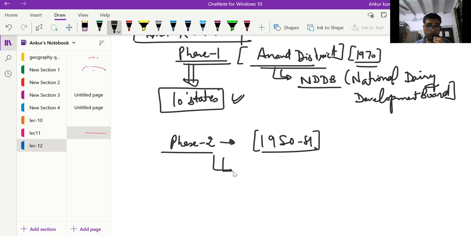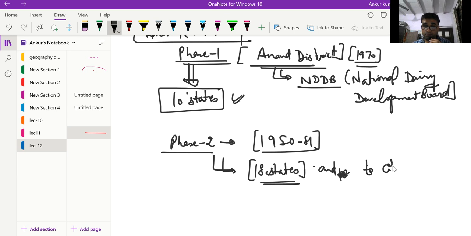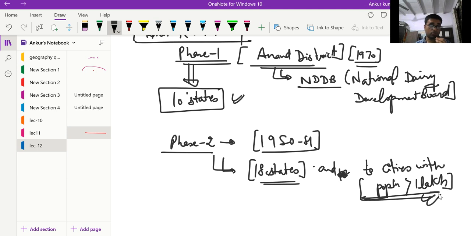The target of phase 2 was to expand the white revolution to 18 states and to cities with a population of more than 1 lakh. So this was the target of the second phase.